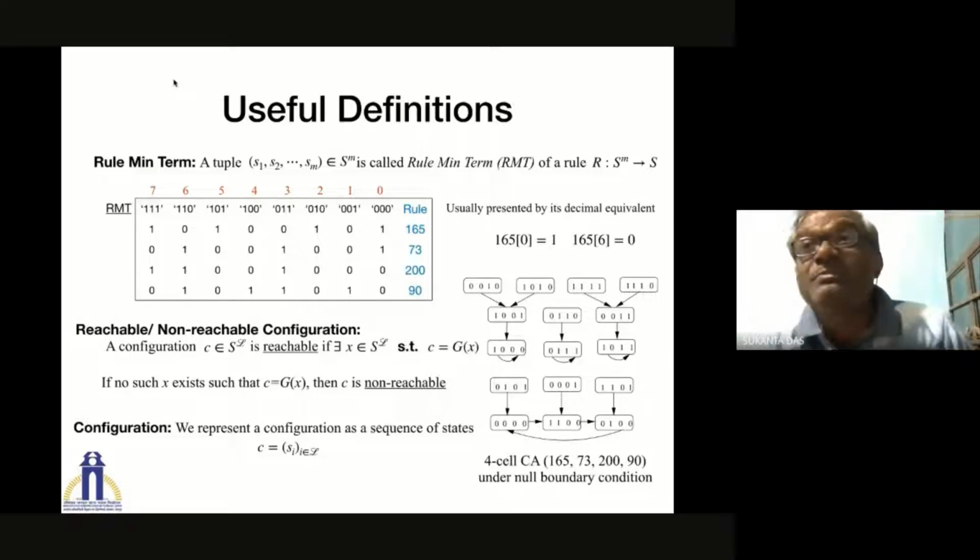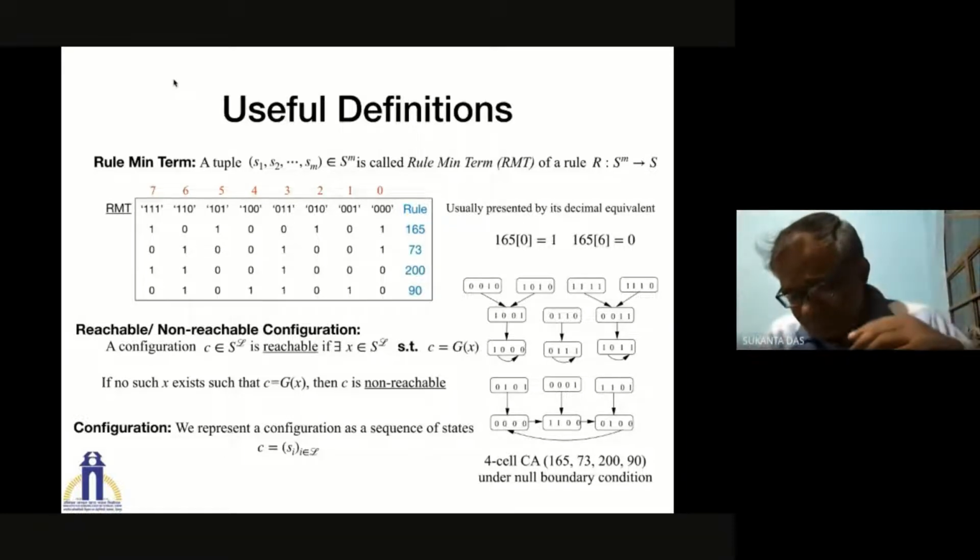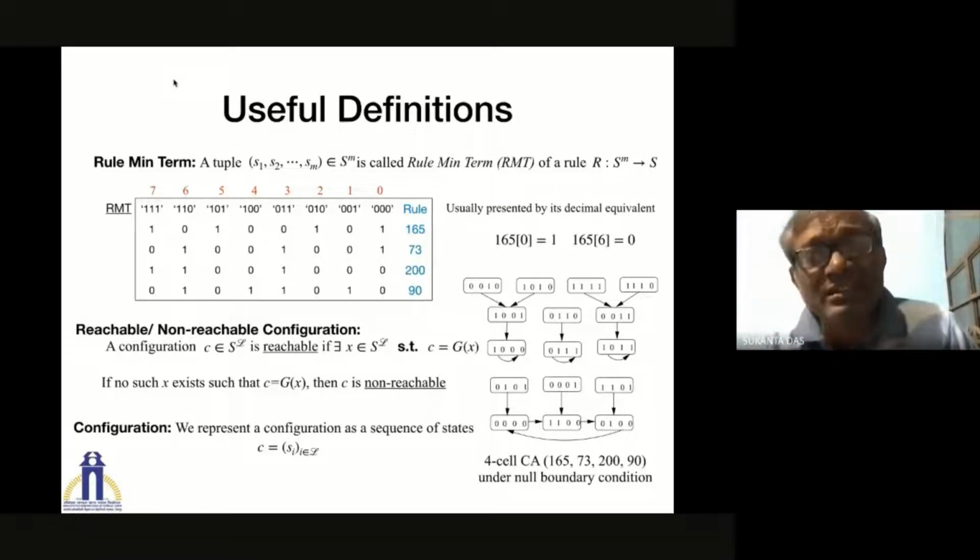A configuration C is a mapping from L to S. It is an assignment. We are assigning some states to the cells, and here is a sequence of states.